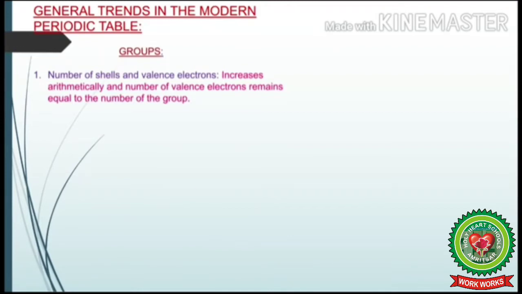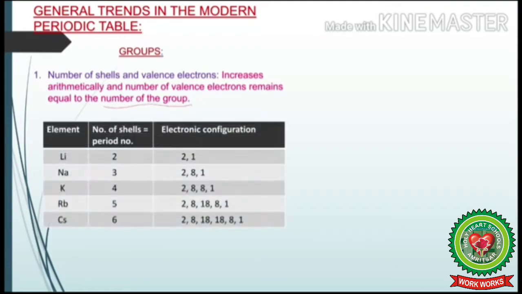As you know, the number of shells increases arithmetically as we move down the group, and the number of valence electrons remains the same, that is equal to the number of the group. Now look at this example.